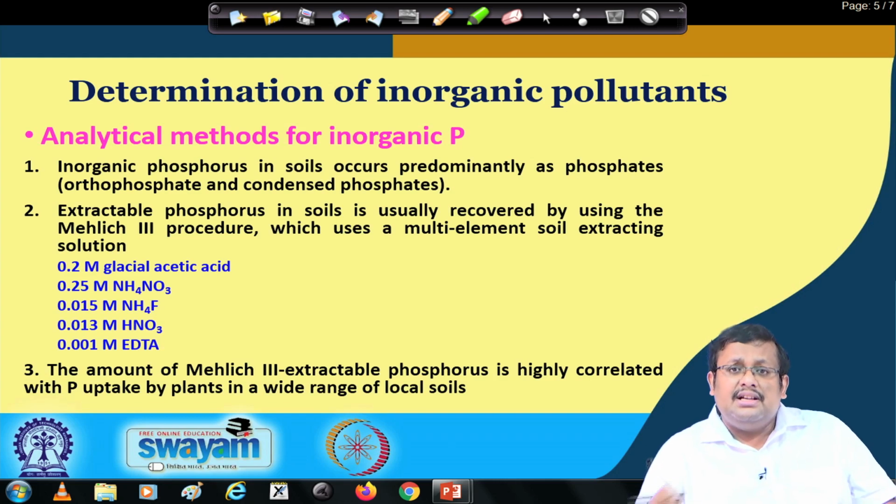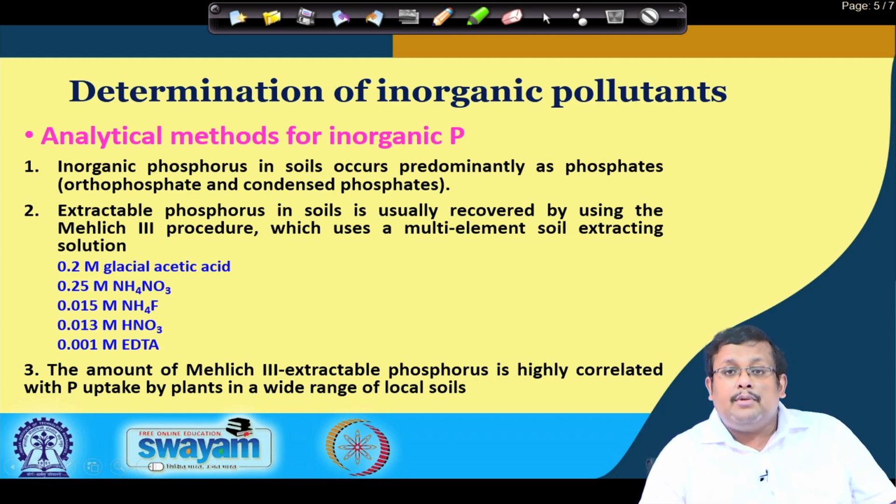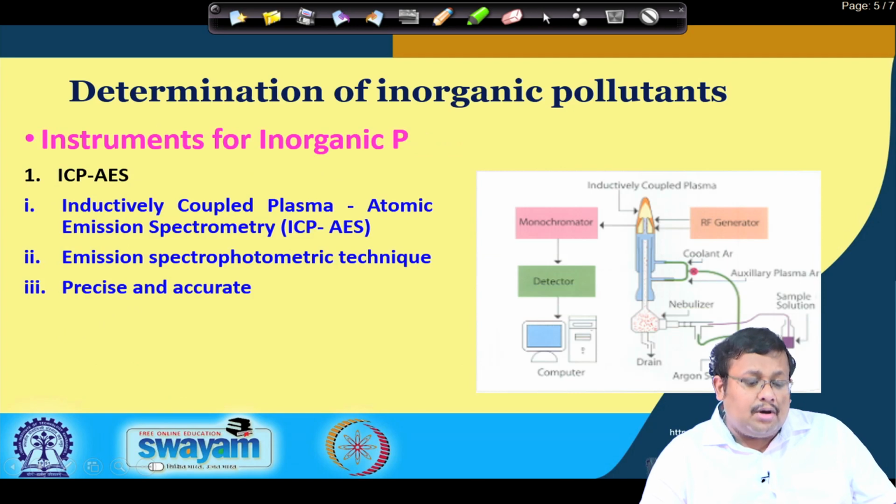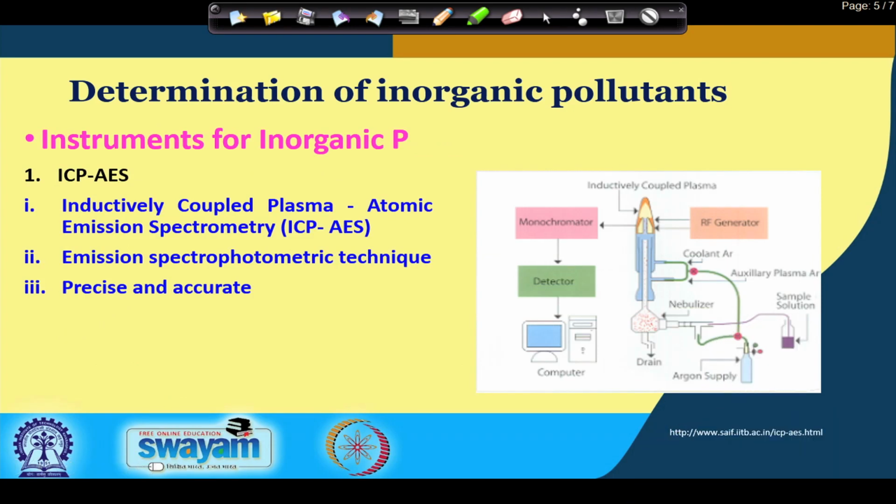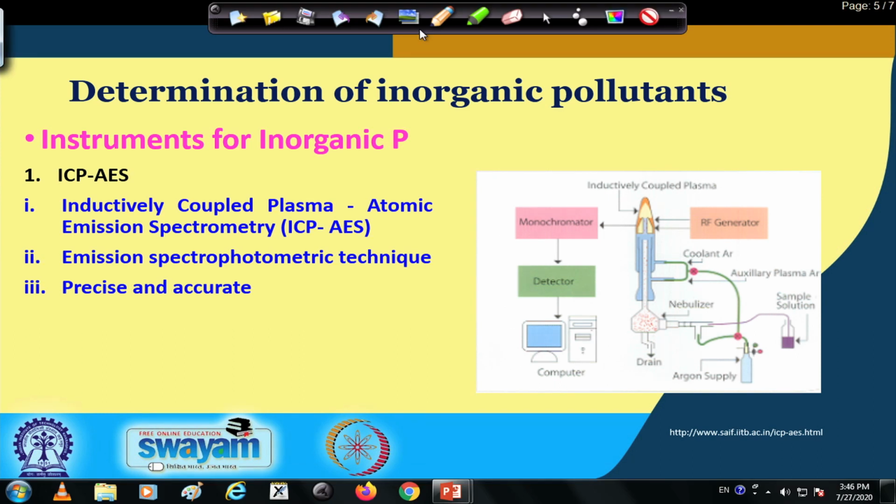So, let us see what are the important instruments for measurement of this inorganic phosphorus. The most important instrument for measurement of this inorganic phosphorus is ICP-AES.